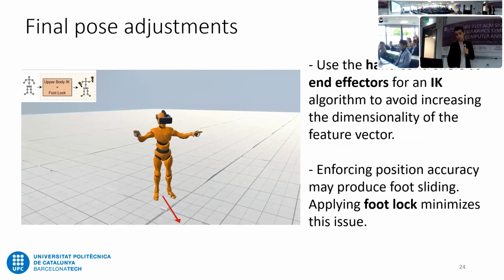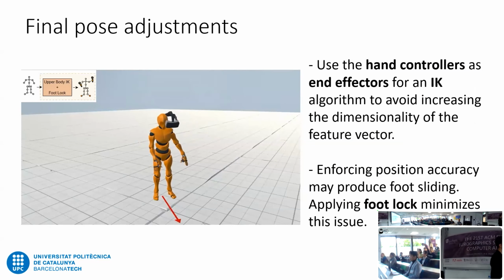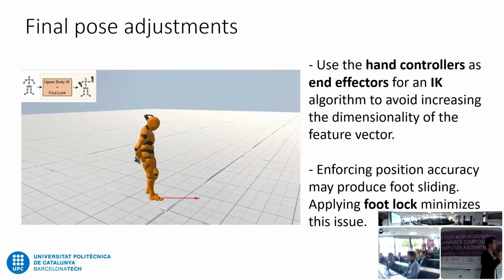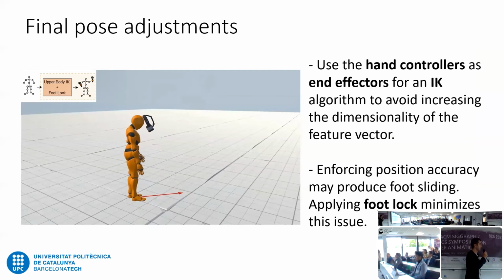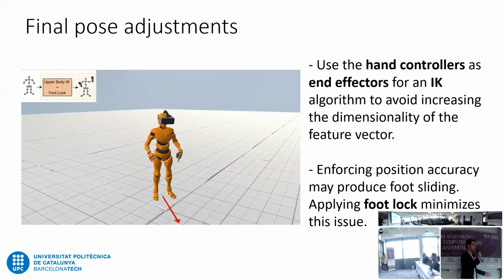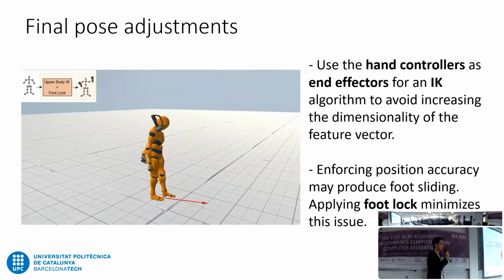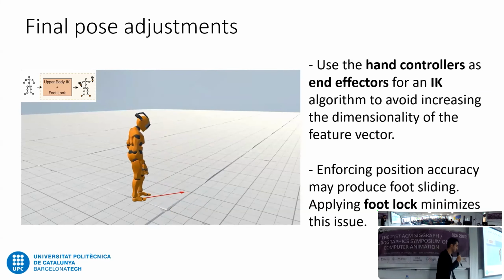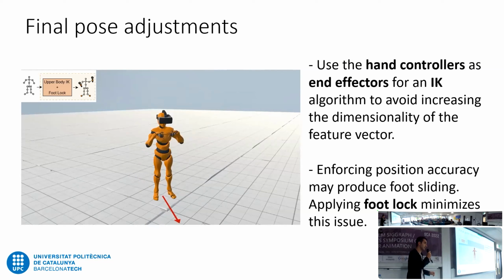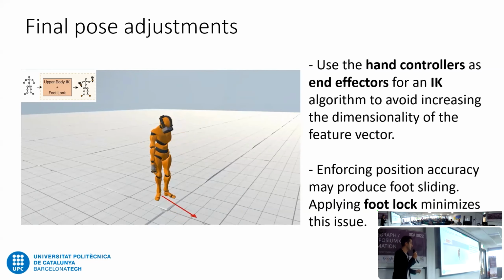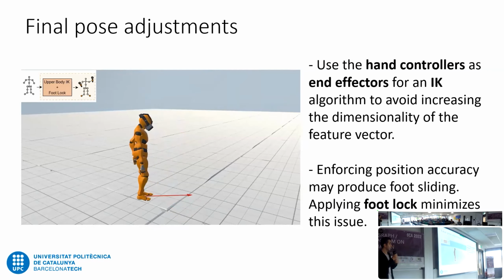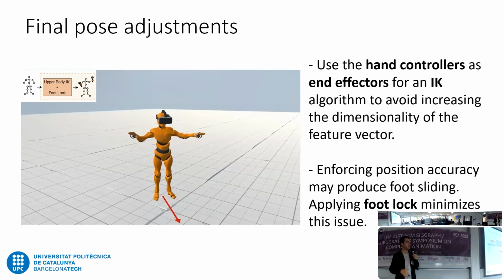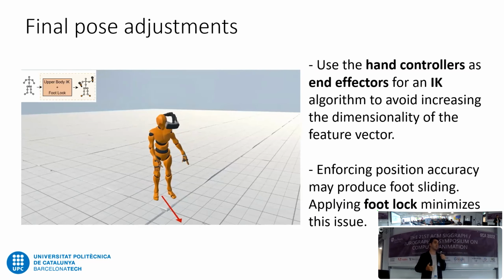So to minimize or fix the foot sliding, we use foot lock. Basically, we have the feet contact, and when we step on the ground, we fix the leg, the feet, by applying inverse kinematics. And then we have the inverse kinematics for the upper arms.